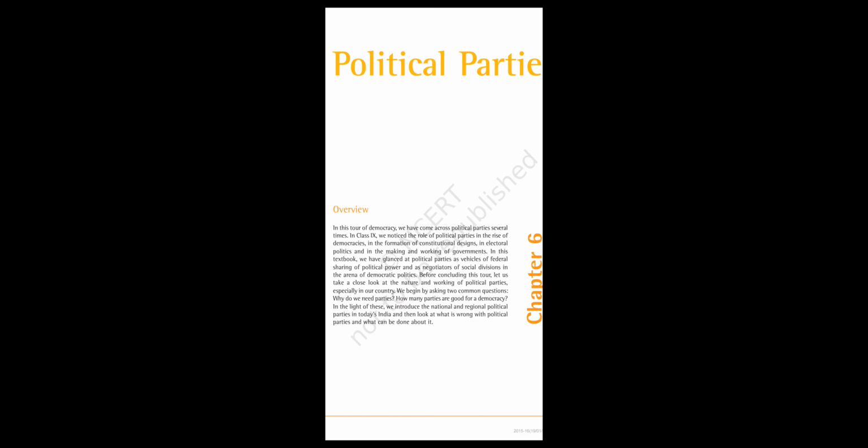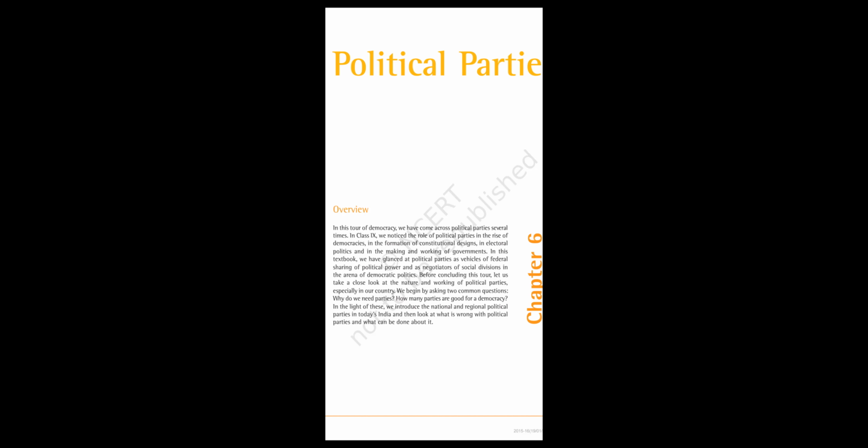Now, why am I telling you this? Why am I telling you about the class 9th political science or democratic politics? Because the tour that we started in class 9th is going to end in class 10th. Now, if you look at class 10th democratic politics, you will see that we started with the chapter power sharing, right?